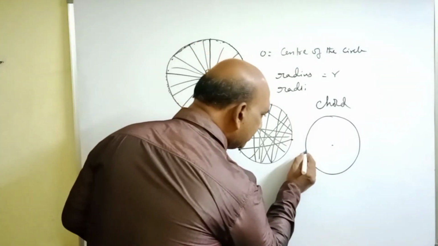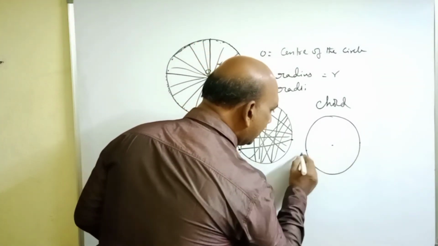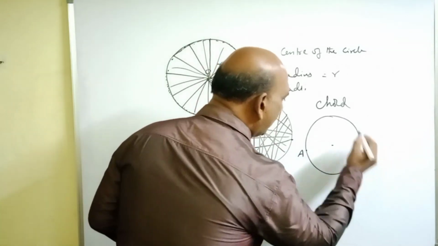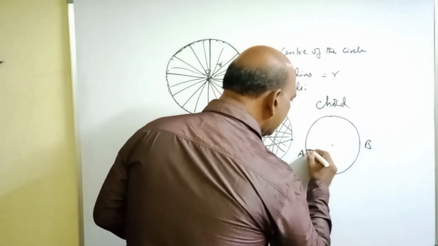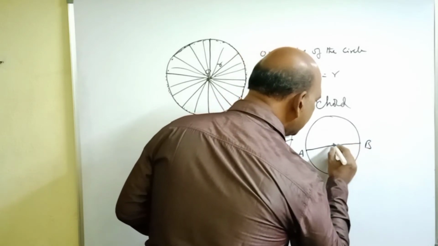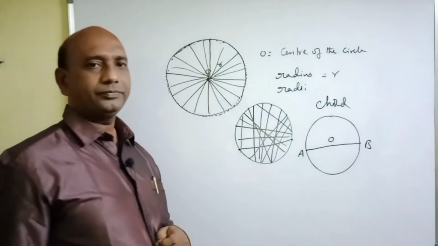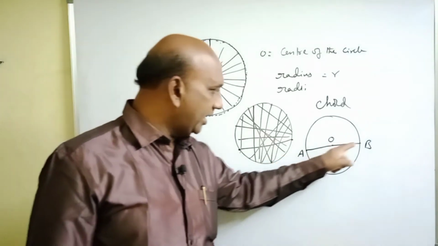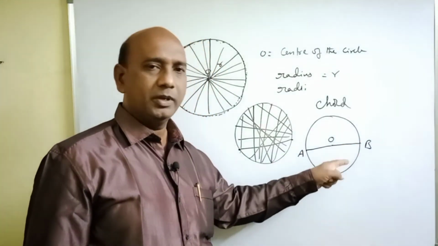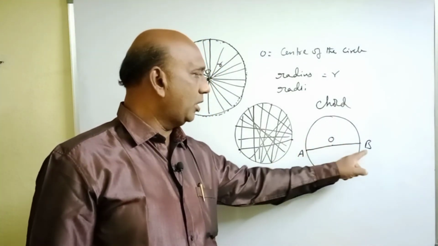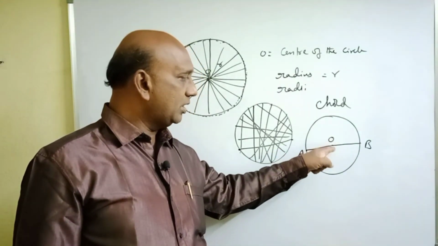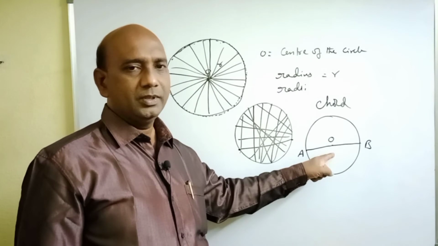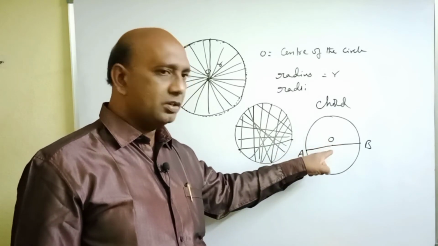Let us take this point as A and this point as B. If you join these 2 points, the line segment passes through the center of the circle O. AB is the line segment formed by joining these 2 points on the circle, A and B. But this chord passes through the center of the circle.